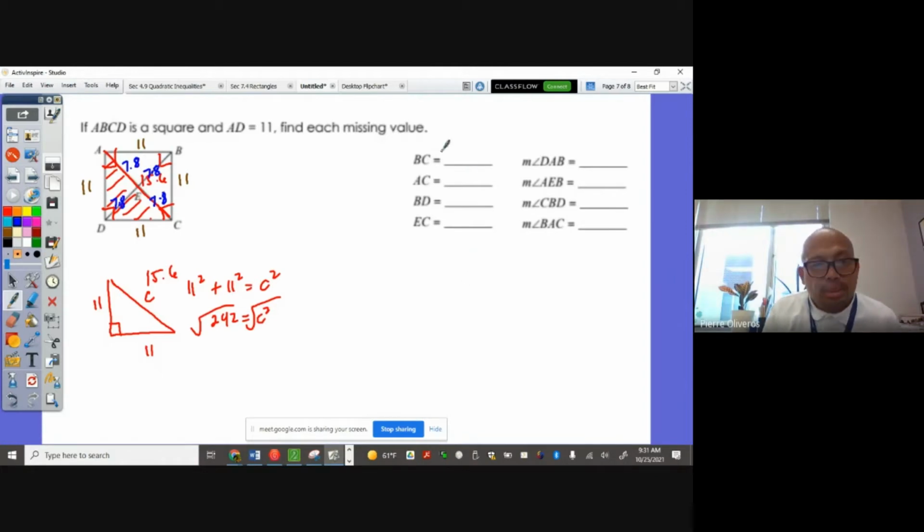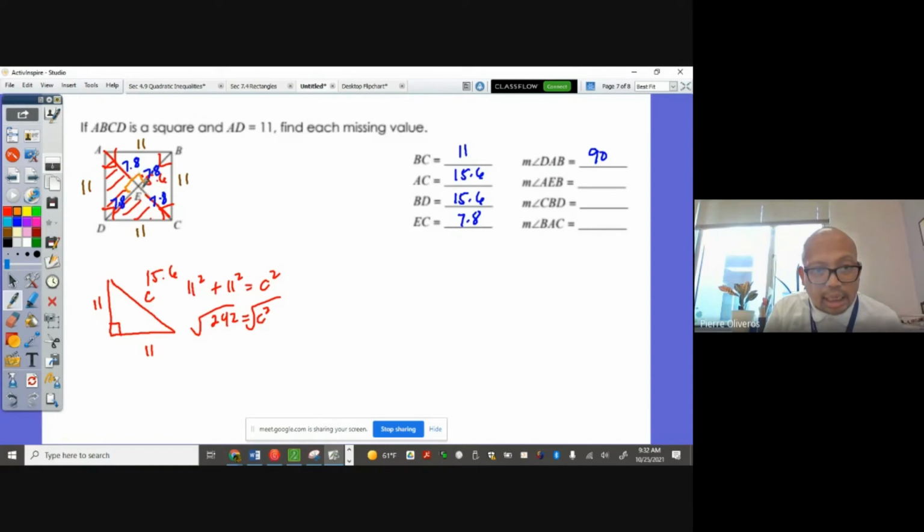Okay, so what's BC? BC here will be 11, AC will be 15.6, BD is going to be 15.6 also, EC is 7.8, DAB is 90, AEB. Don't forget that the middle portion there, according to rhombus, the diagonals bisect each other, and they're also perpendicular.